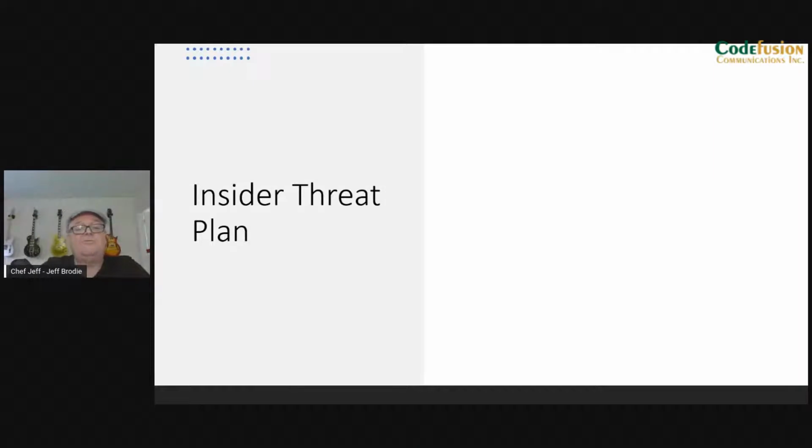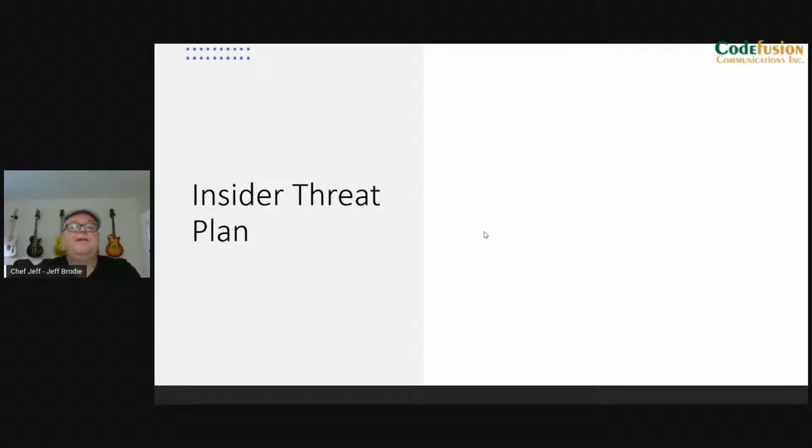Then an insider threat is that individual that is wittingly or unwittingly causing threat, exposure, risk to the organization that they're an insider for. And then yesterday, we talked about a cybersecurity plan. So today we're going to dive a little bit more into that plan. So let me go ahead and bring up our PowerPoint and we'll jump in.